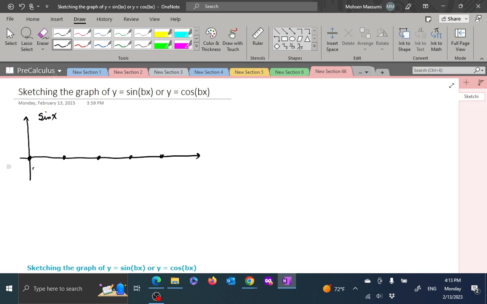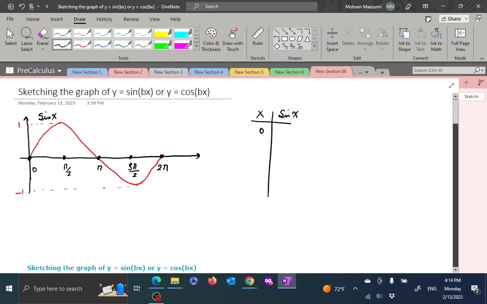It keeps repeating this pattern at 3 pi over 2 and 2 pi, and we had a curve that would go up to 1, come back towards 0, go to minus 1, and then go back to 0. The high point is 1, and the low point is minus 1, and we want to remember that the graph is based on this table: sine of x, angle 0, pi over 2, pi, 3 pi over 2, or 2 pi.